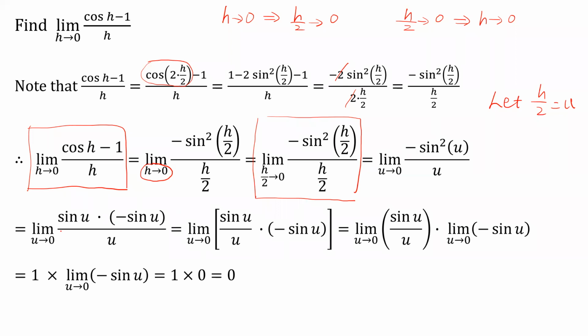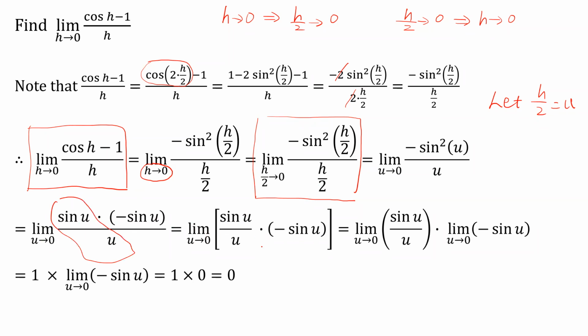Okay, so this problem is really the limit of sine u times negative sine u over u as u approaches 0, right? Then we can rewrite this expression as the limit as u approaches 0 of sine u over u, that's the first part, times negative sine u.